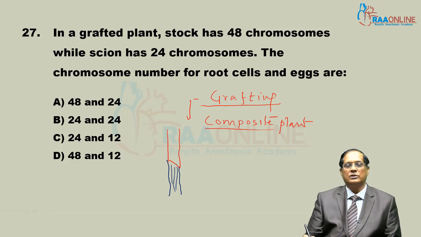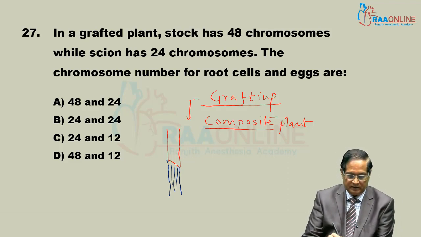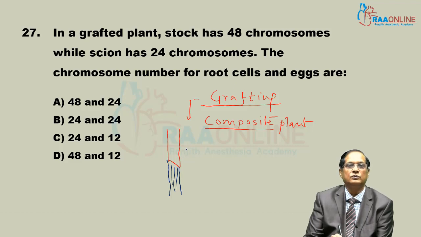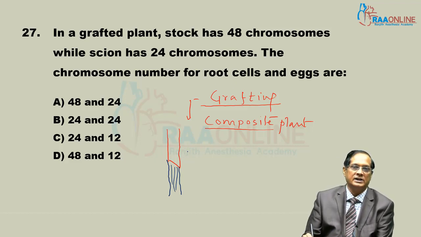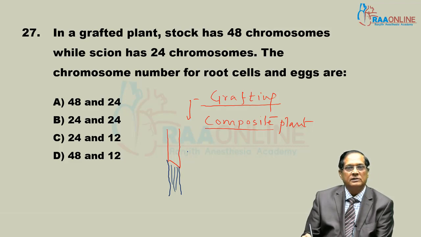Shoot system and root system. This shoot system is taken from the other plant because of good quality of either flower, fruits or anything, but for the root system from another plant, the above portion, that is the shoot system, is removed, or it is cut in such a way that these two parts can easily be joined.